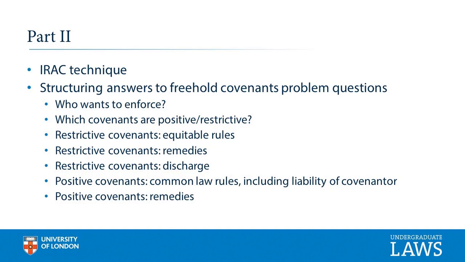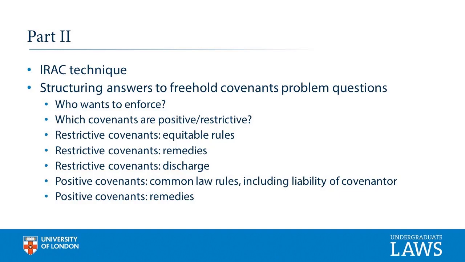If, when applying the common law rules relating to the burden of a covenant, you think that the mutual benefit and burden principle is applicable, it's important that you identify and apply to the relevant covenants all the conditions which were set out earlier in this lecture.